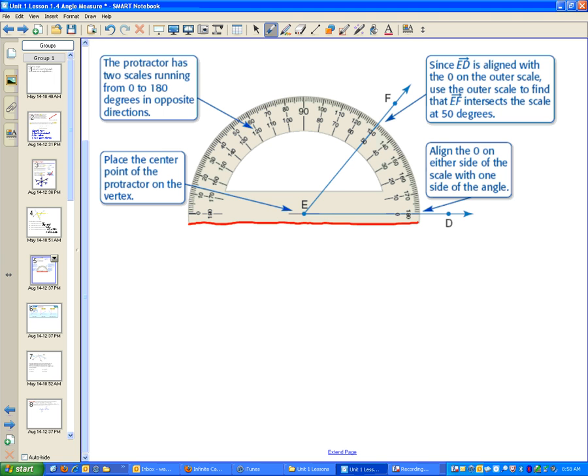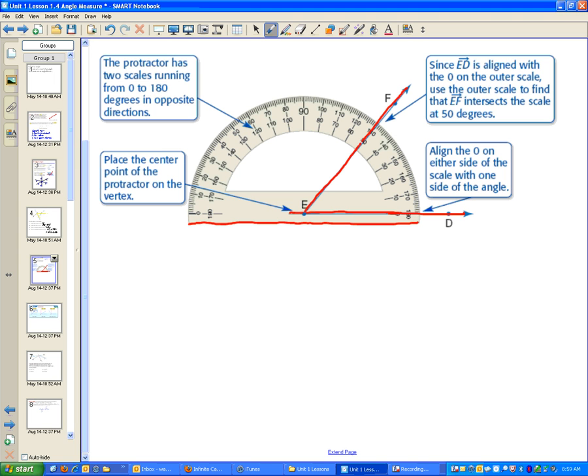Some of them actually do put 0 right there at the bottom. I kind of wish they all did. But on most of them, see how you've got a 0 right there? One of your sides then needs to line up there. So you line up that side so that it goes through the 0, and then you read the degree measure as to where the other side of the angle goes through.